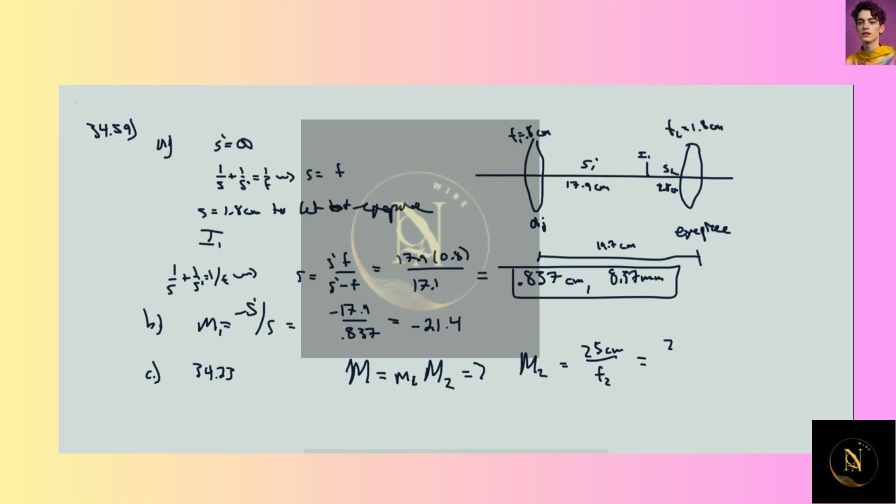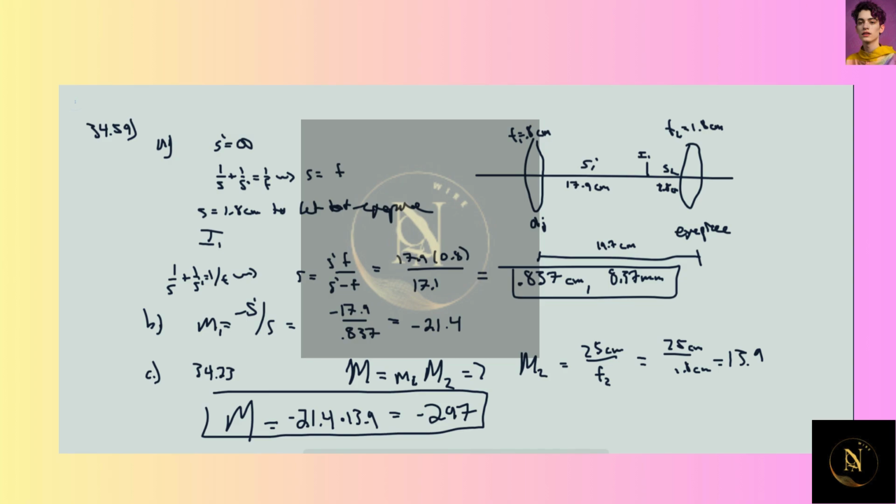So let's plug that in, which is 25 centimeters over 1.8 centimeters. So this is 13.9. So our overall magnification is negative 21.4 times 13.9. If we plug that in, we get a negative 297 for our magnification. So yeah, this microscope magnifies roughly 300 times, which is very, very good.